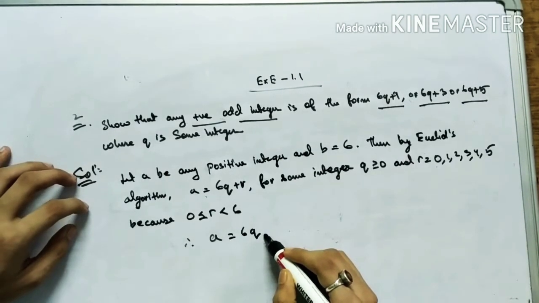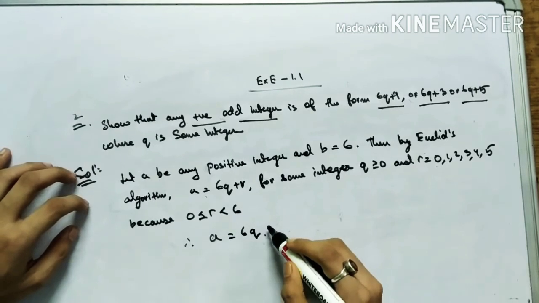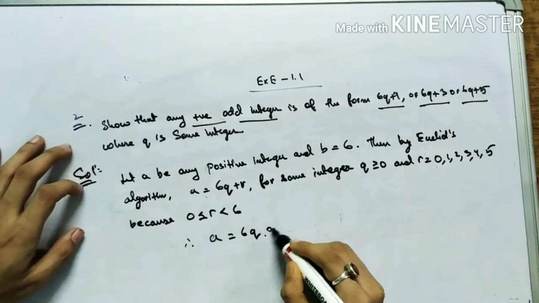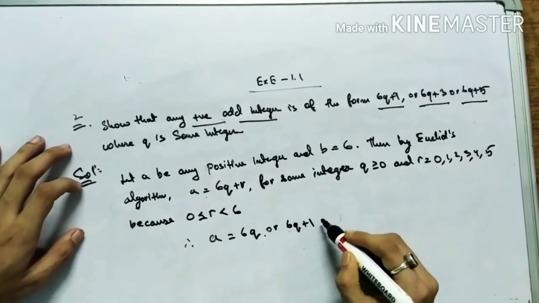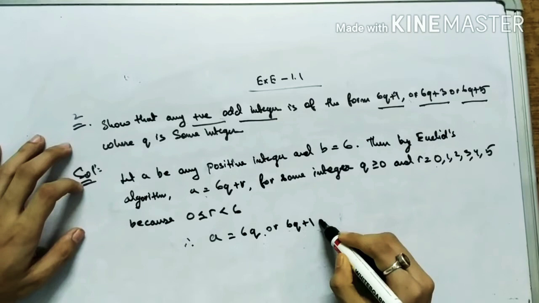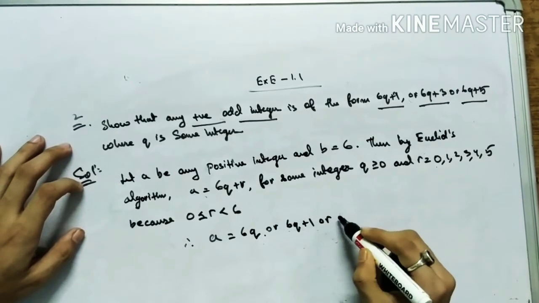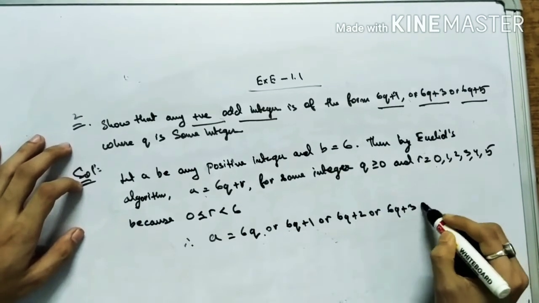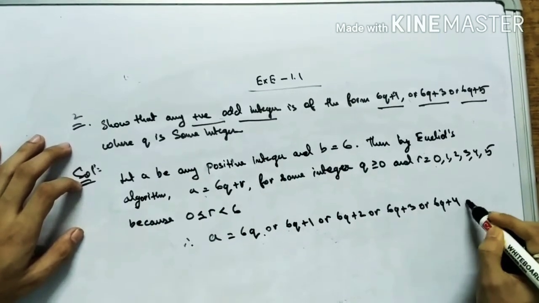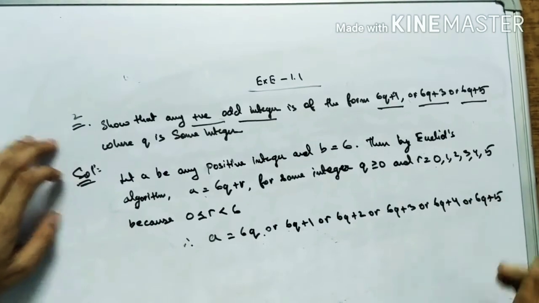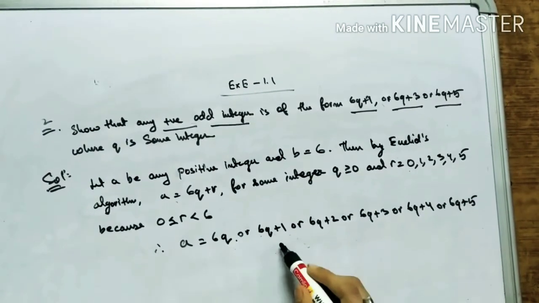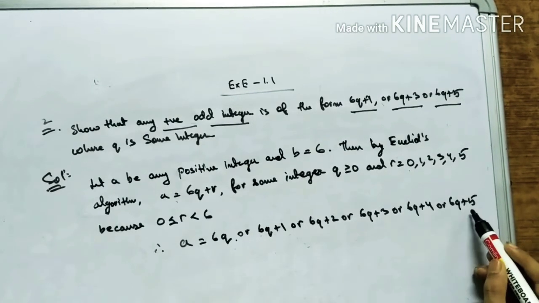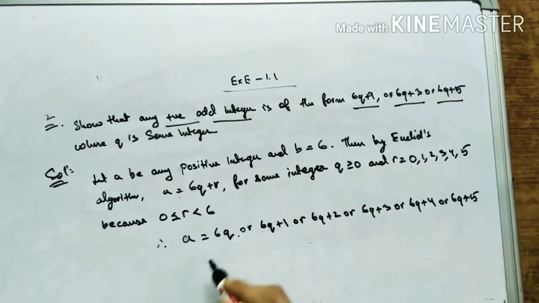A value it can be 6q, or it can be 6q plus 1, or it can be 6q plus 2, or 6q plus 3, or 6q plus 4, or it can be 6q plus 5. A value can be 6q, or 6q plus 1, or 6q plus 2, or 6q plus 3, or 6q plus 4, or 6q plus 5.